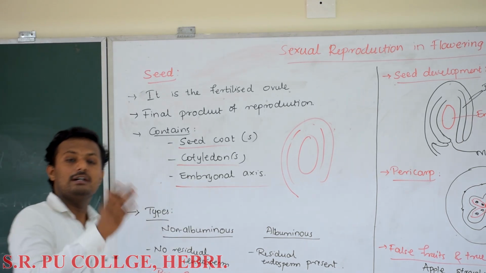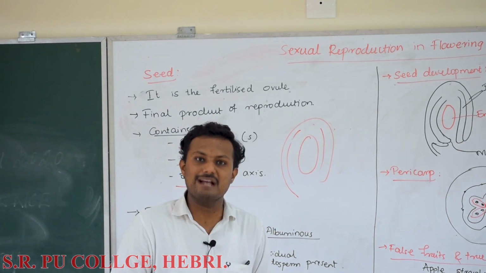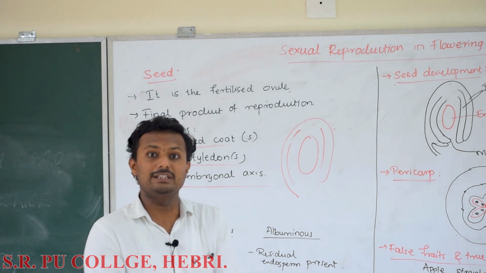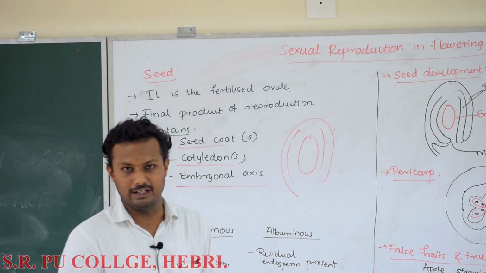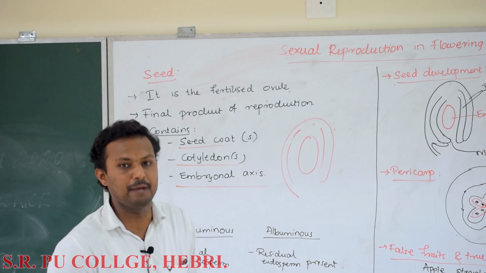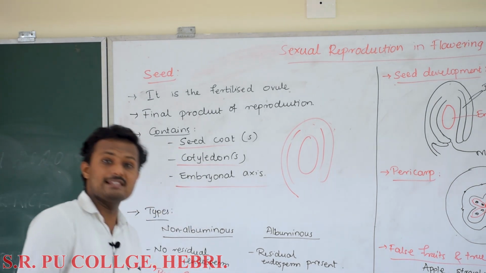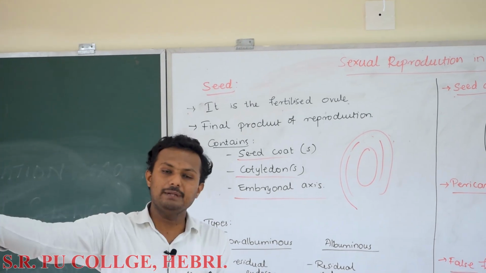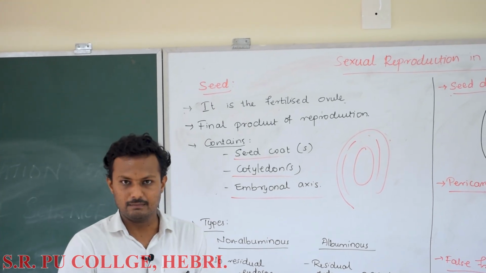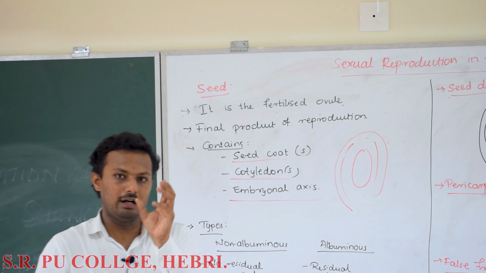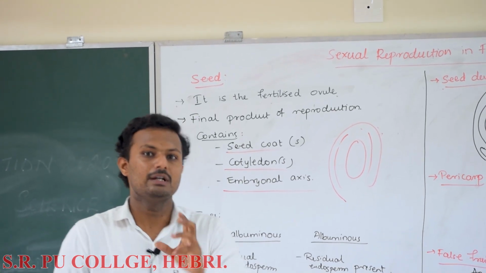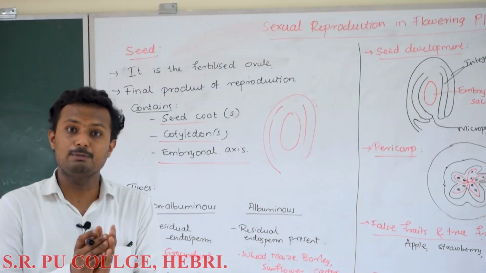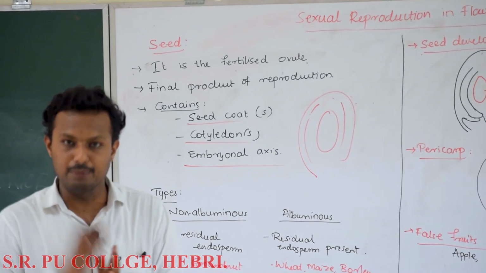And there are different types of seeds based on whether the endosperm remains or not during the development of the embryo. The endosperm is the part of the seed which actually provides the nutrition for the development of the embryo.